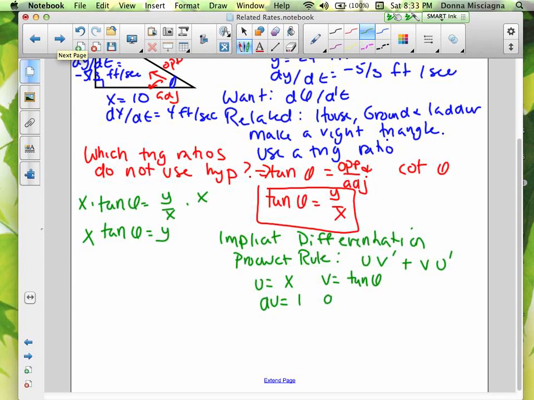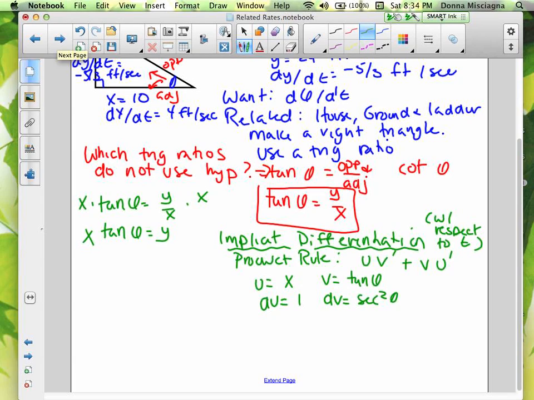Derivative of that is secant squared theta. Just one other thing, don't forget though, this is implicit differentiation, and it is with respect to time. So we are going to have dx/dt, d theta/dt, dy/dt as we take the derivative here.